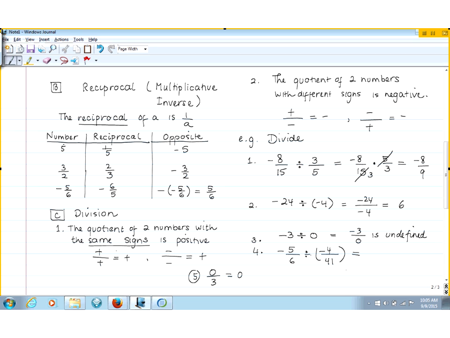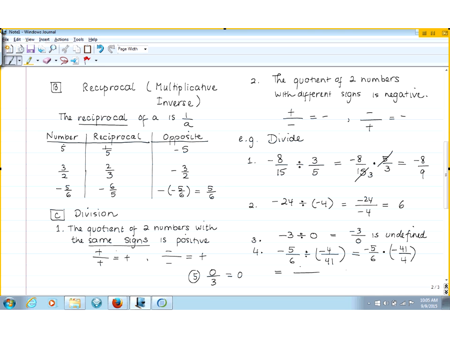Number 4. We will rewrite these as multiplication. So negative 5 over 6 multiplied by negative 41 over 4. Now, can we cancel anything? No. So we will have to multiply this. So will it be positive or negative? Positive, yes.